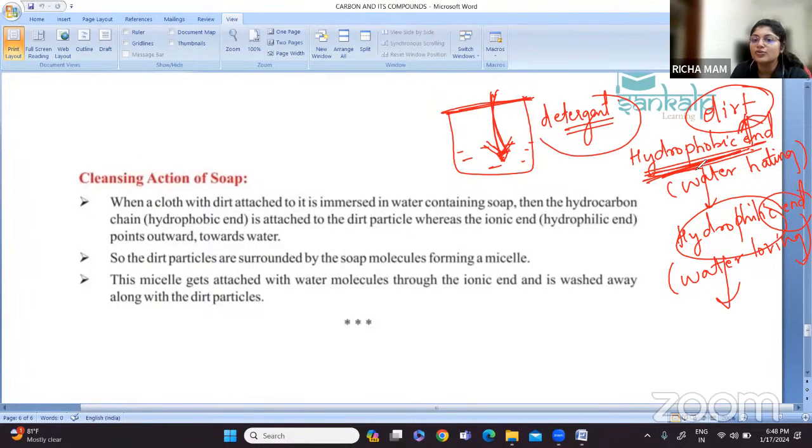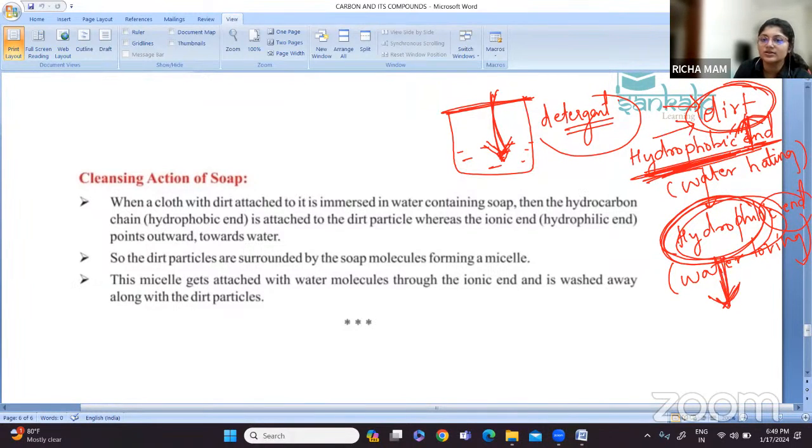The hydrophilic end gets attached to the water. So this is the cleansing action. The dirt particles will be surrounded by the soap molecules.